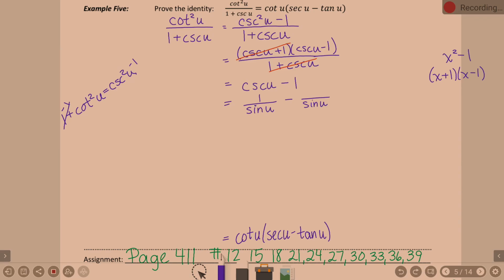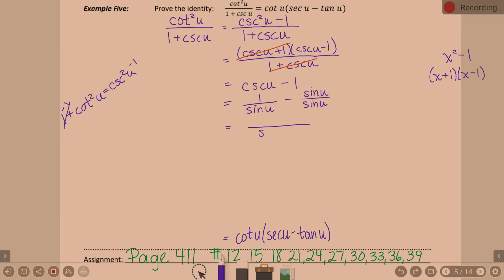It's kind of like me asking what's 1 with a denominator of 5? Well, that's 5 over 5, right? Or 1 is x over x. Or in this case, it is sine u over sine u. The reason I did that is the first one turned to 1 over sine, and for this one I'm going for that common denominator idea, because now I can take these two and put them together, yes?